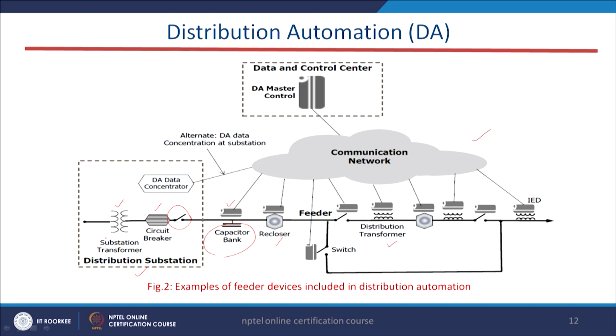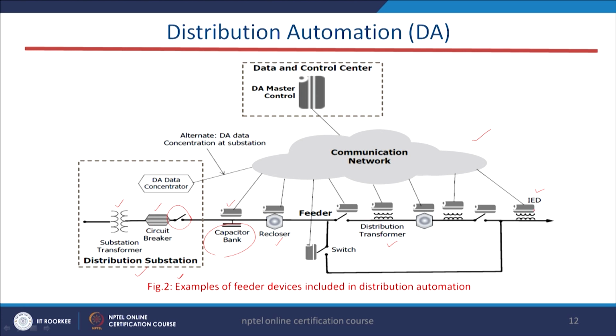This is a substation transformer. The distribution transformer basically steps down the voltage to 440 volt level. If this is an 11 kV substation, we have to step down to 440 volt. I just said one term there, how is this IED connected to the system?